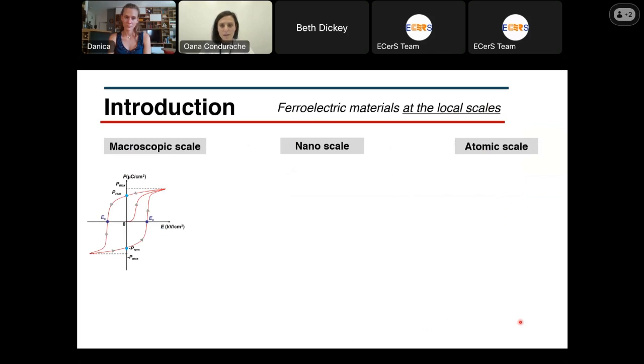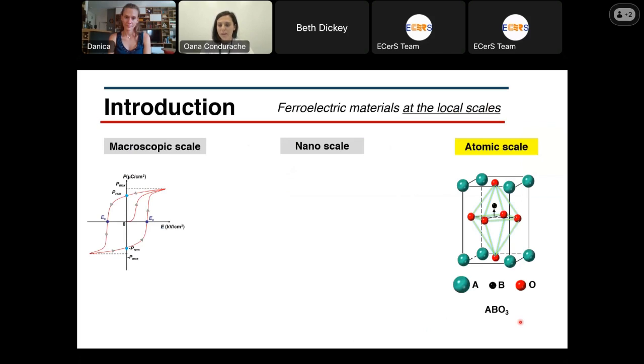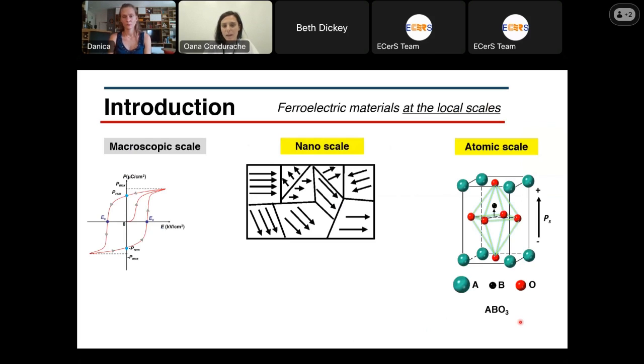At the atomic scale, at the unit cell level, in a ferroelectric we have some separation of charges between the center of the positive charge and the center of the negative charge, which leads to a spontaneous dipole moment. Somewhere between the atomic scale and the macro scale, there is what is called the ferroelectric domain structure.